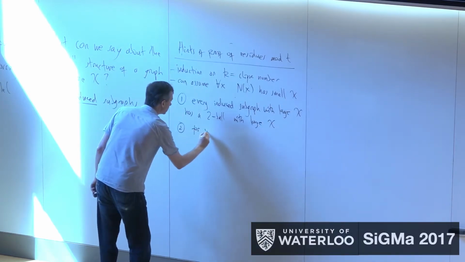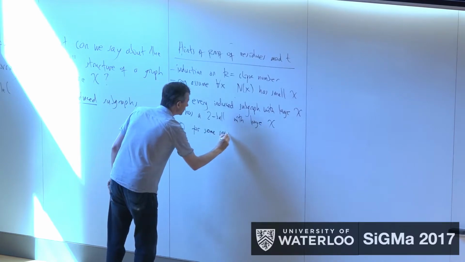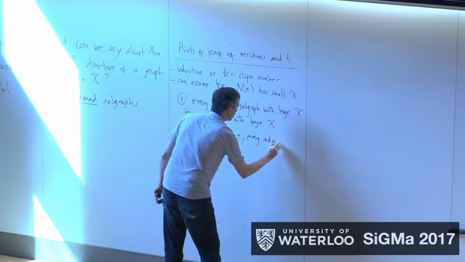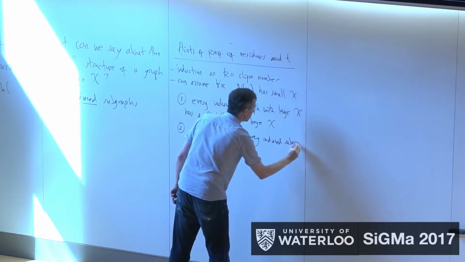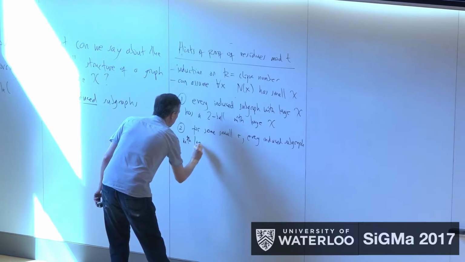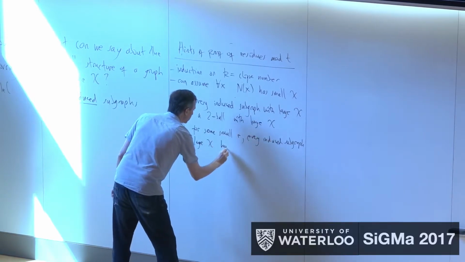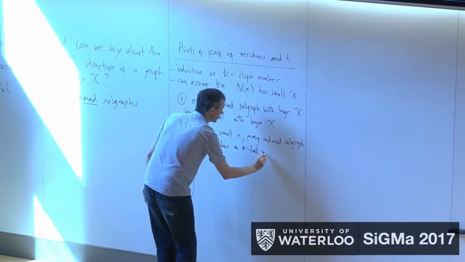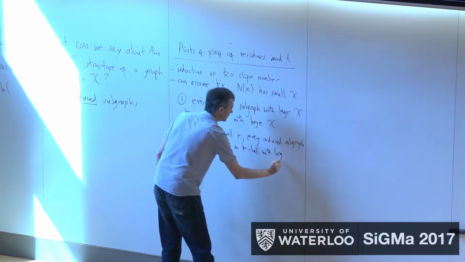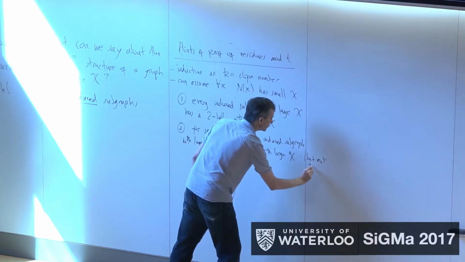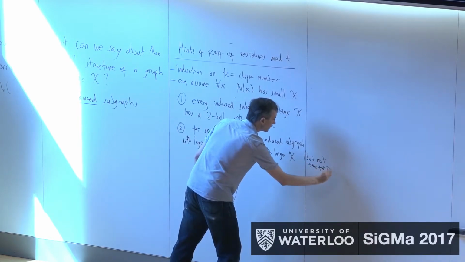So for some small r, every induced subgraph with large chi has an r-ball with large chi, but not true for r minus 1.